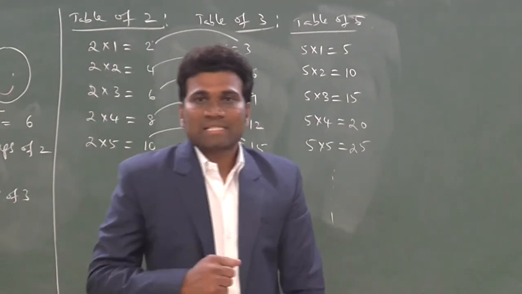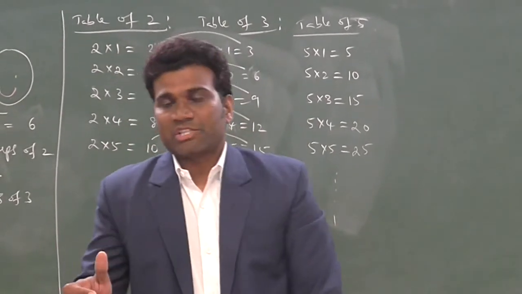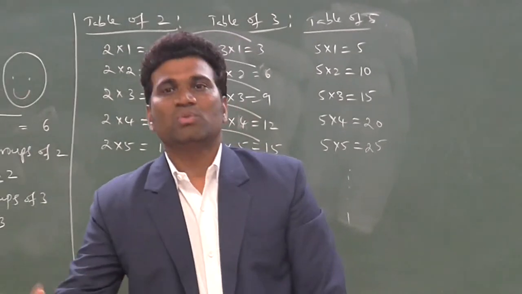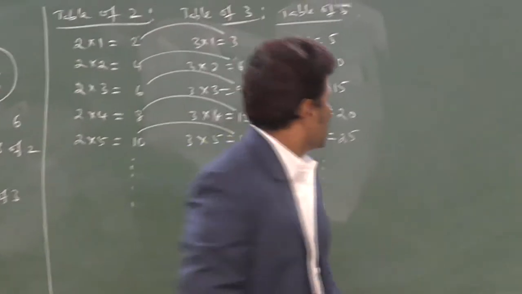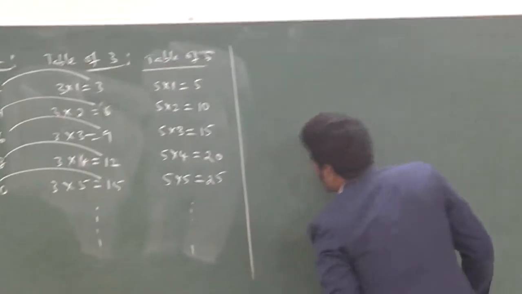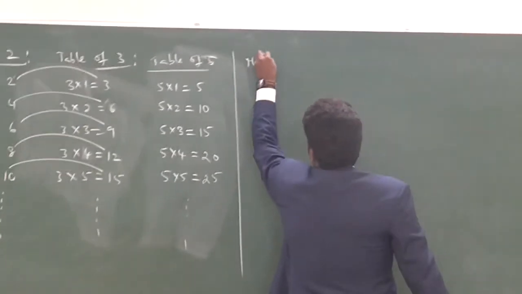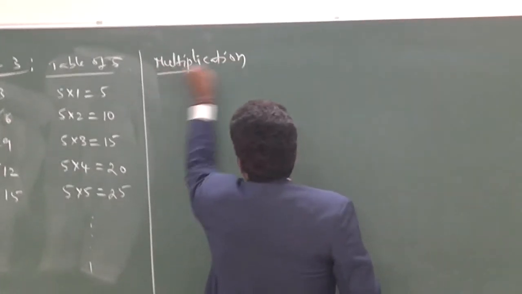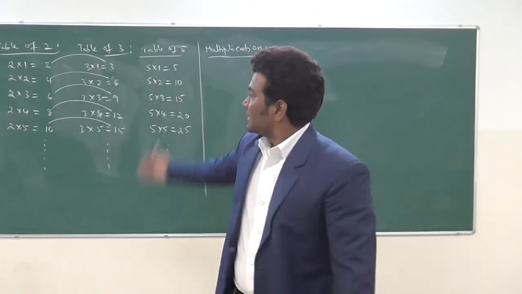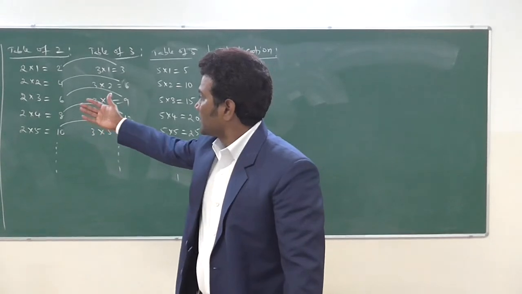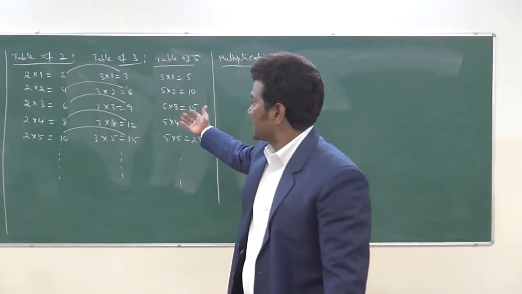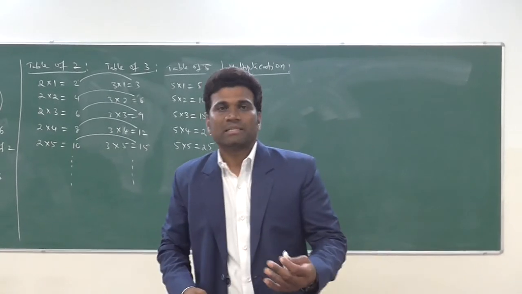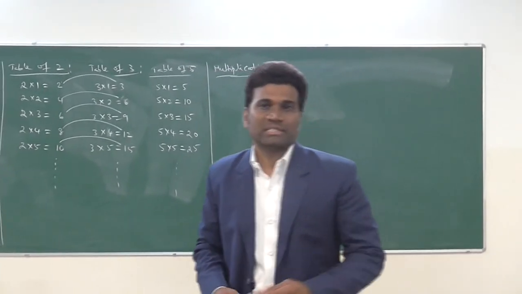Now we will discuss multiplication of a 2-digit number by a 2-digit number. By using our previous knowledge of groups and multiplication tables, now let us try to multiply a 2-digit number with a 2-digit number.